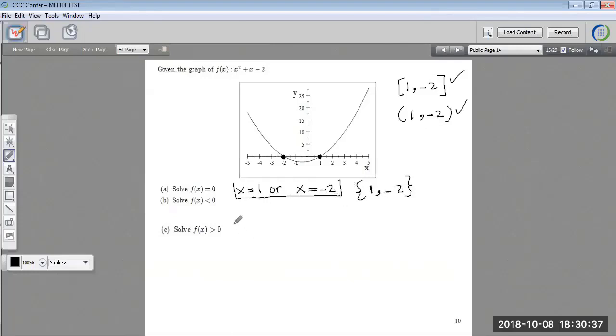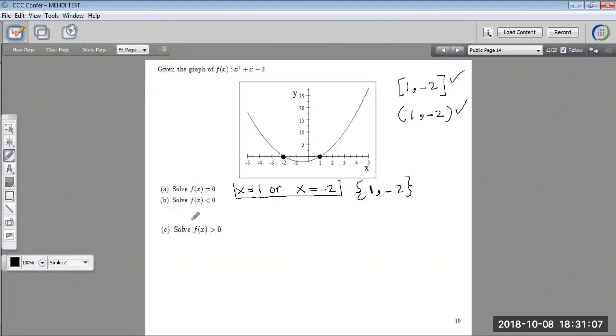For part B, solve f of x is less than 0. So we're going to look and see at what points this graph is below 0. Take a look. Where is this graph below 0? Right here, between -2 and 1, the graph is below 0.